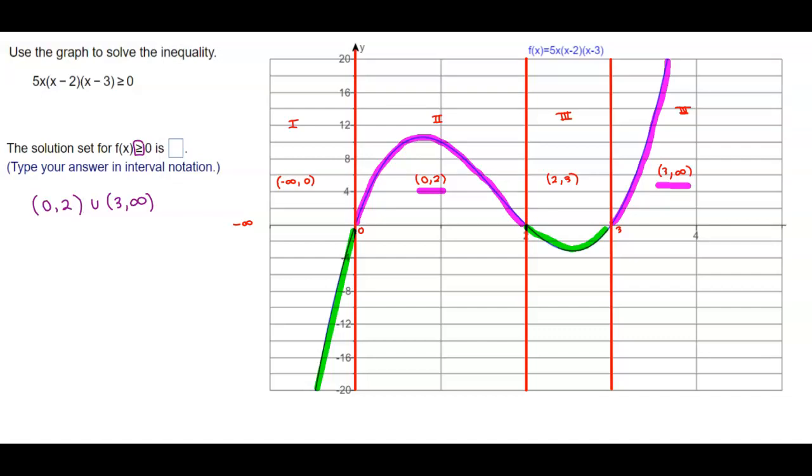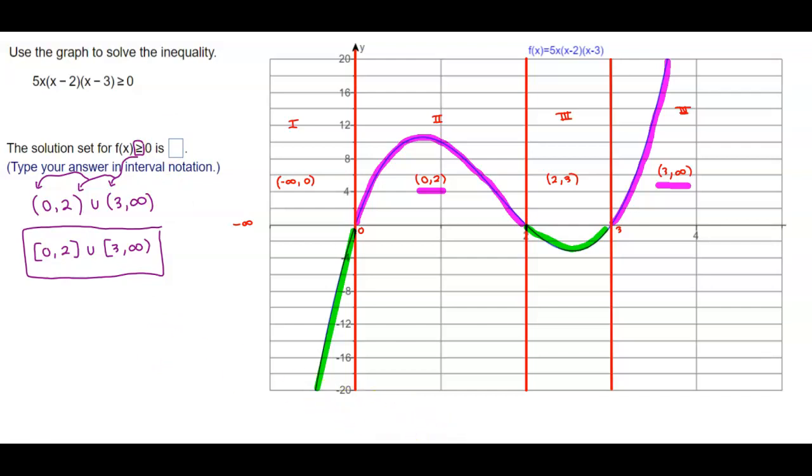You see how it says greater than or equal to here, which means we need to use brackets at those x-intercepts. Therefore, our solution is going to be bracket 0, 2 with a bracket, union, bracket 3, comma, infinity with a parenthesis. That's going to represent the interval.